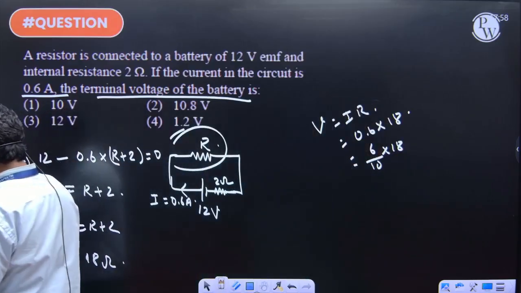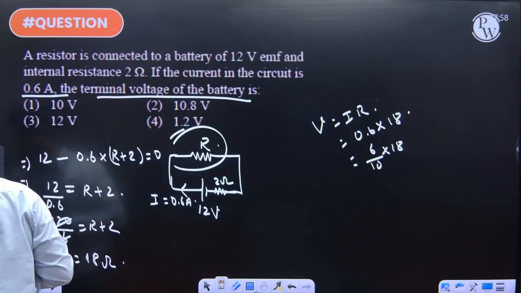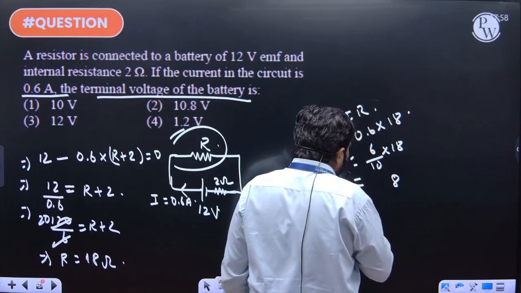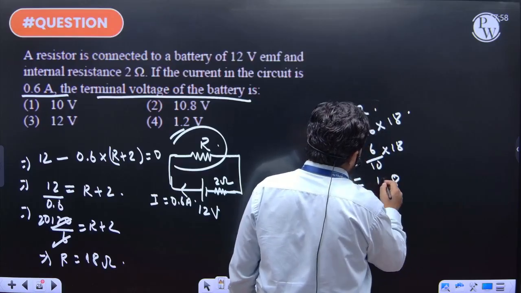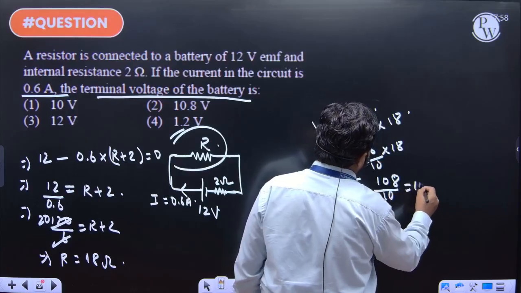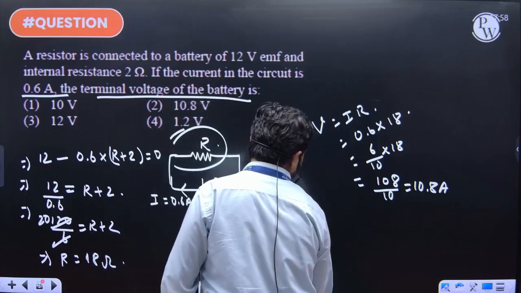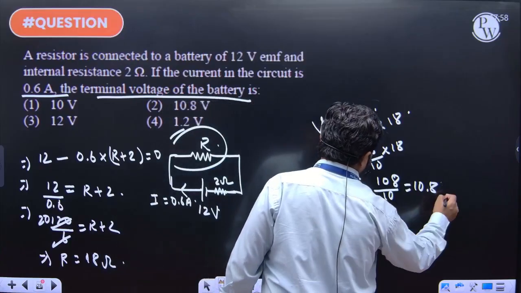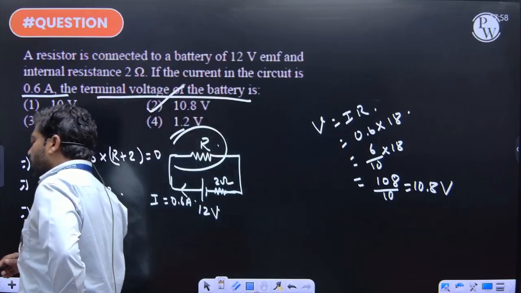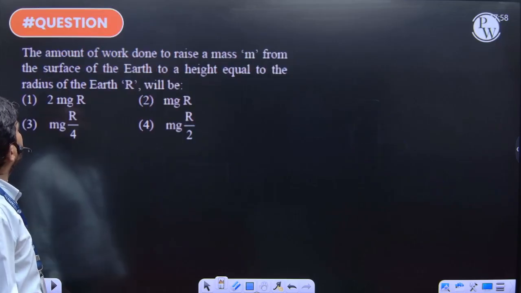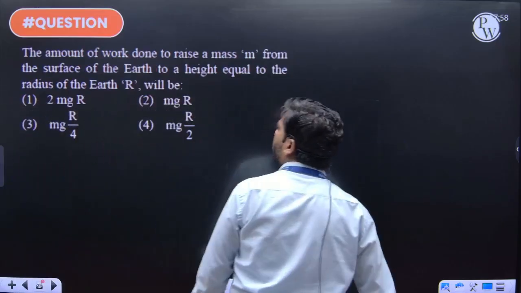How much are you getting? 108 divided by 10, so it is 10.8 volt. Yes or no? 10.8 volt. So what is the voltage across it? 10.8 volt.